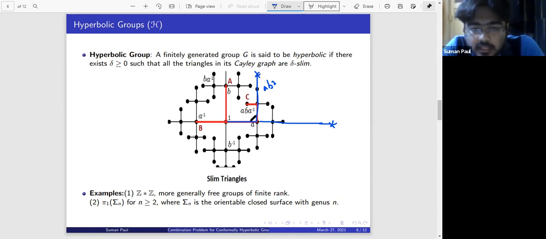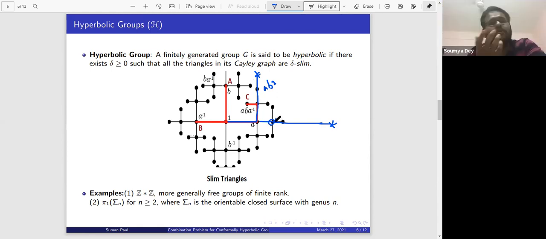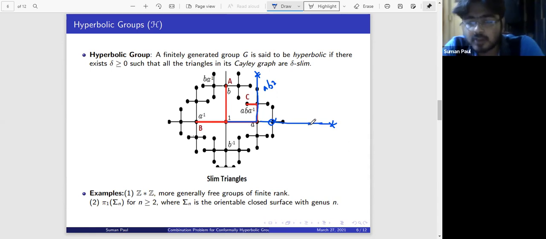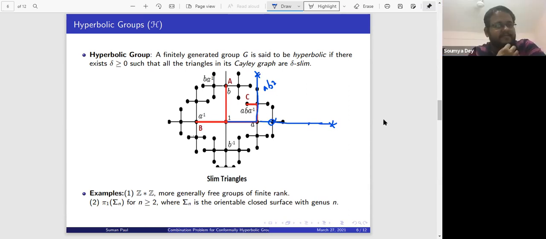Take the delta neighborhood of this ray. This will at most include this vertex, right? Because if you take delta to be less than 1, all these points are outside the delta neighborhood of this line. Because all edges have length 1, so any finite delta would not work.